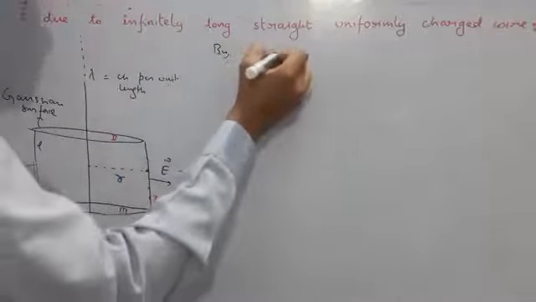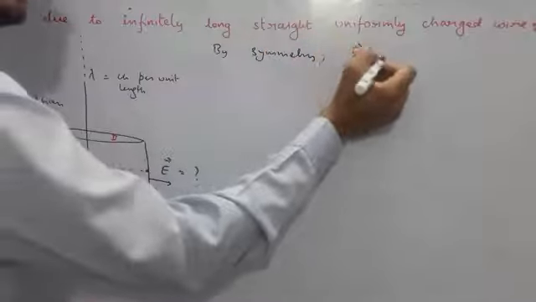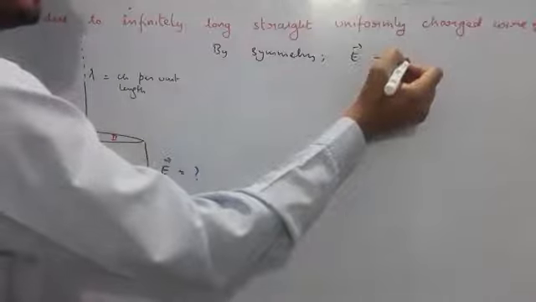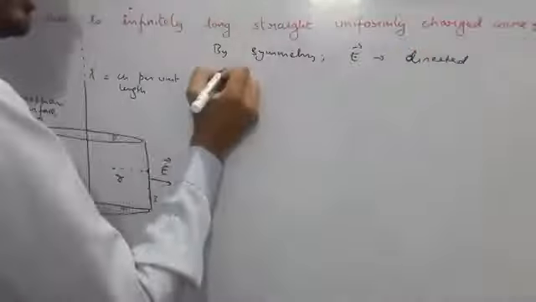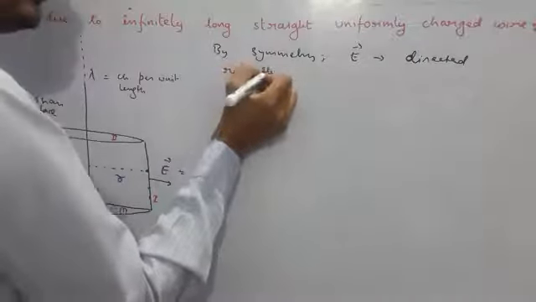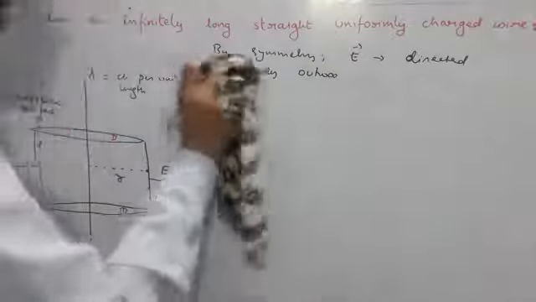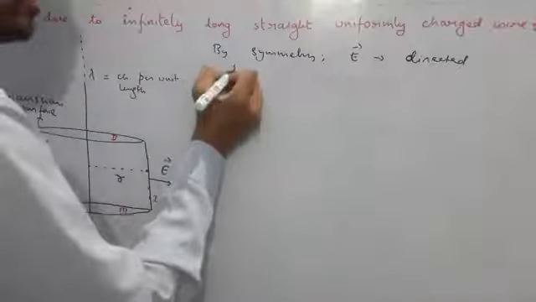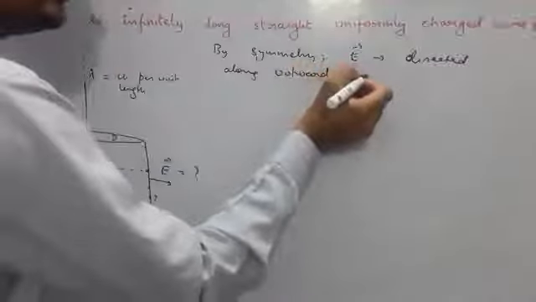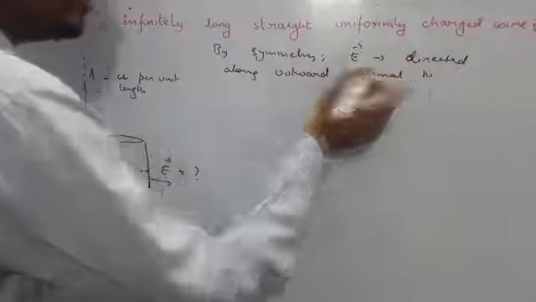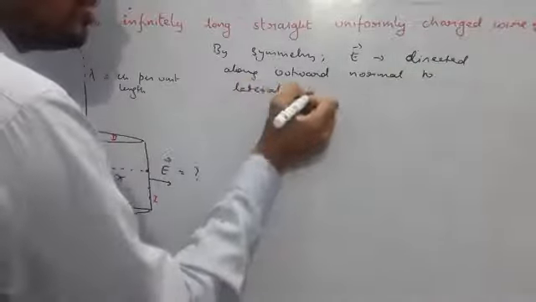By symmetry, we say the electric field is directed radially, along the outward normal to the curved surface, which we call the lateral surface of the cylinder.